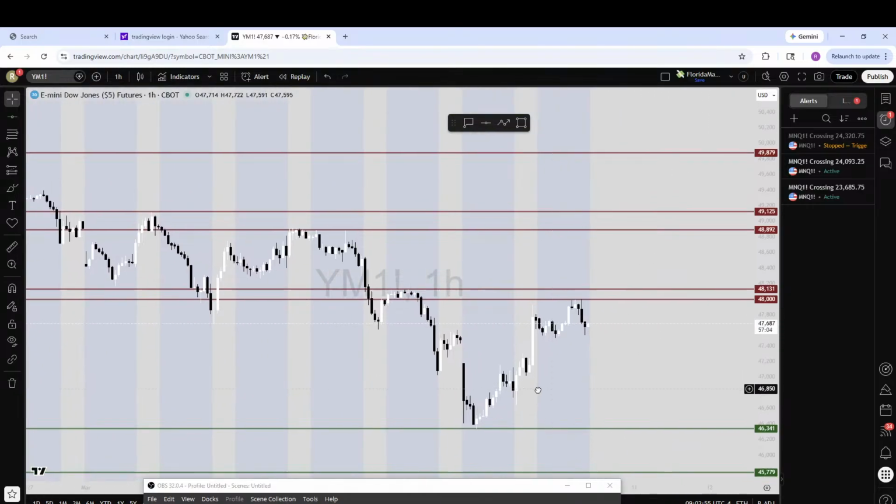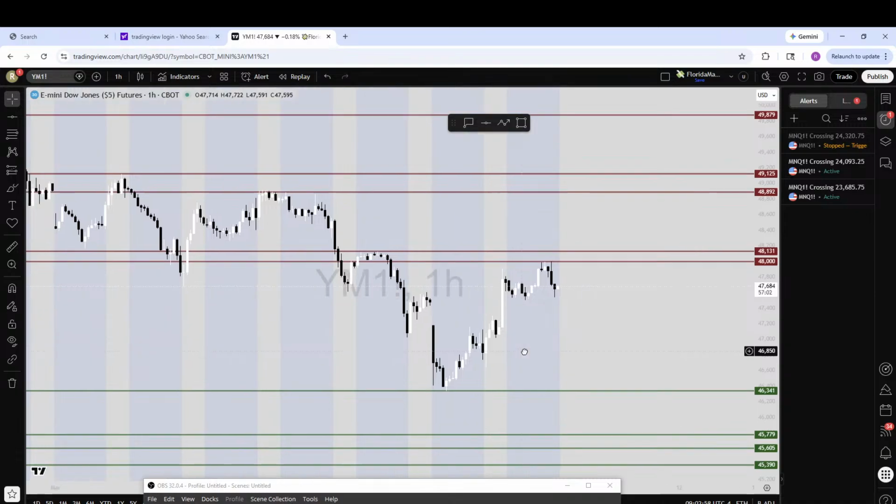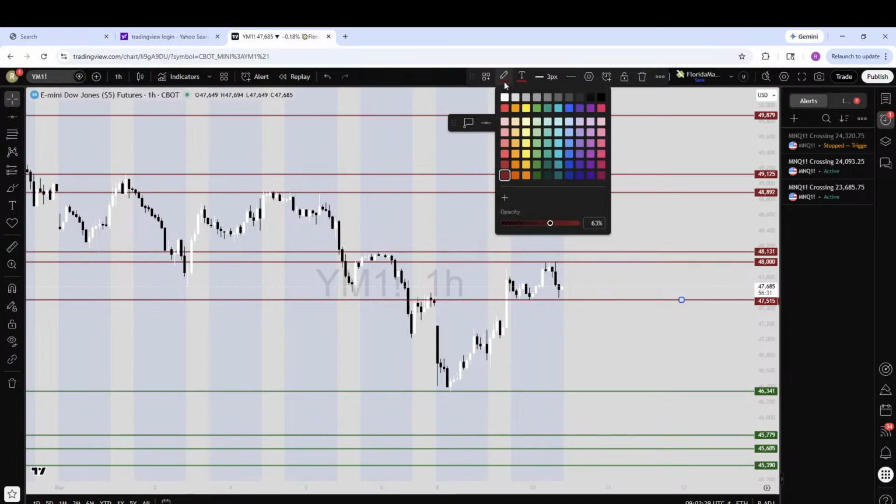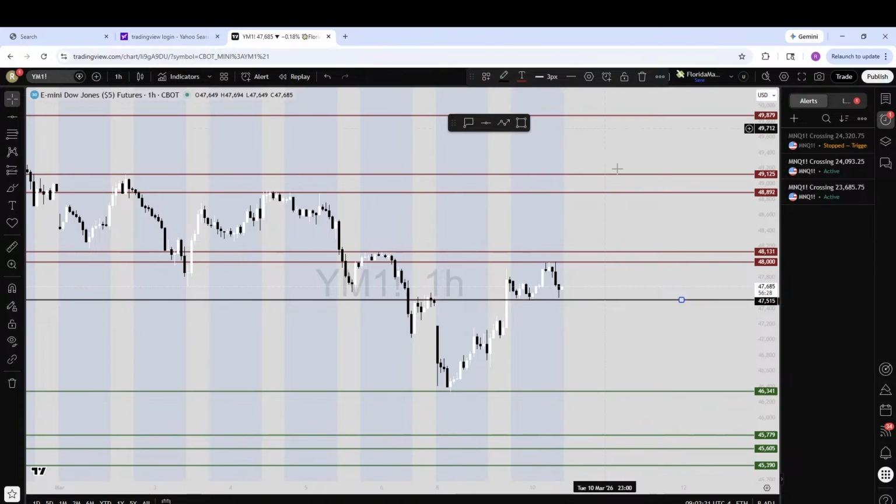The first thing I want to do is to look for my midnight candle. Here's the midnight candle. My midnight candle is black, so that's my midnight candle.